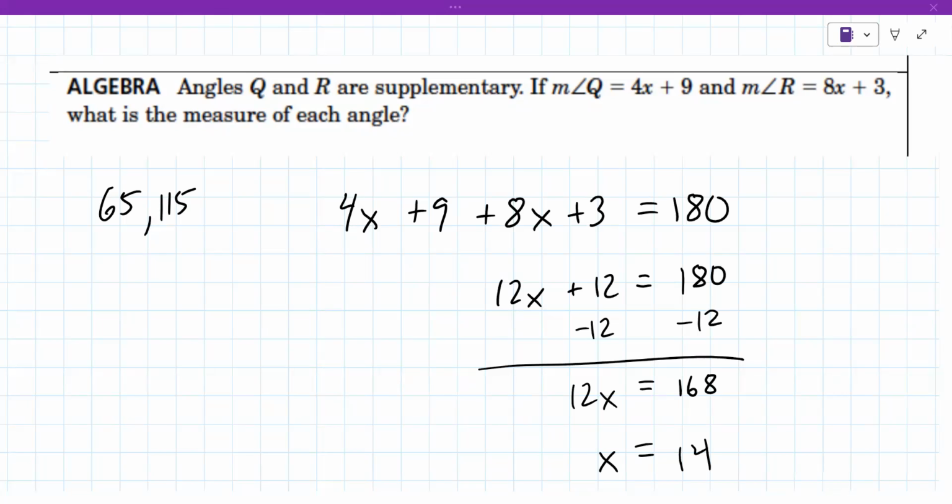Okay. That's not helpful. So let's find another one here.